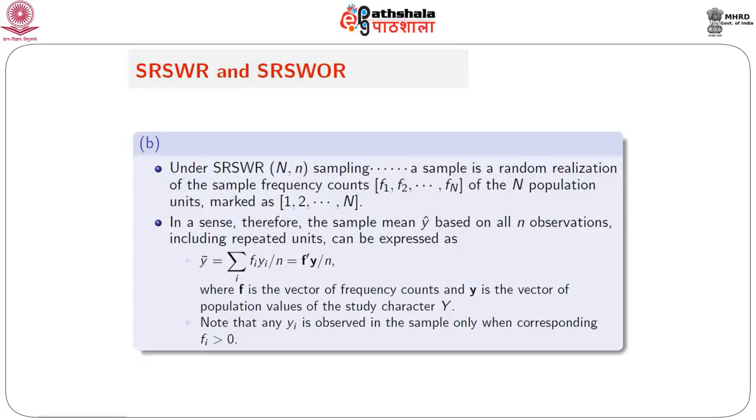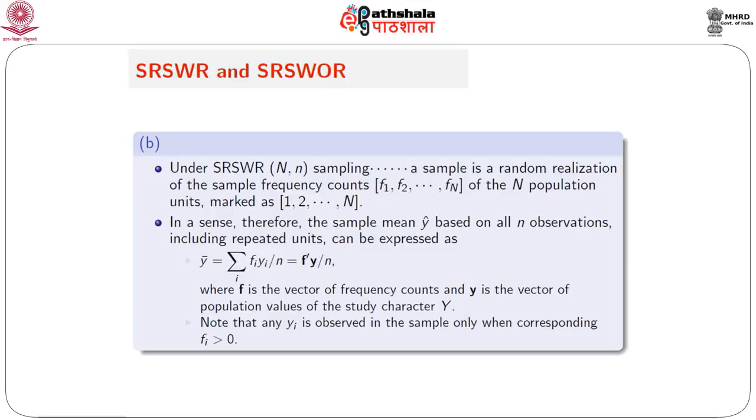So even though we are writing summation over i equal to 1 to capital N, it makes no difference writing i belonging to the sample, because all those fi's will be 0 for the units which are not captured by the sample. But it's a very convenient matrix notation, F transpose Y divided by little n. F is the vector of frequency counts F1, F2, ..., FN.